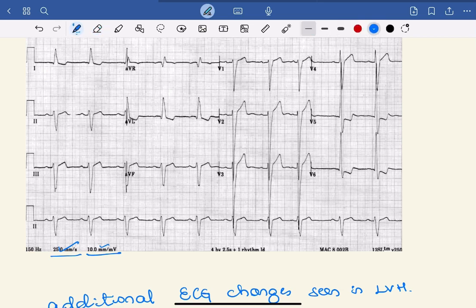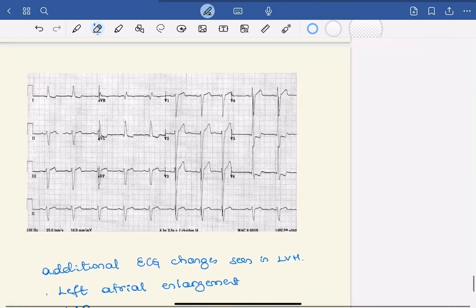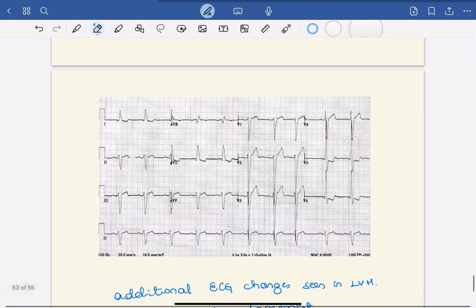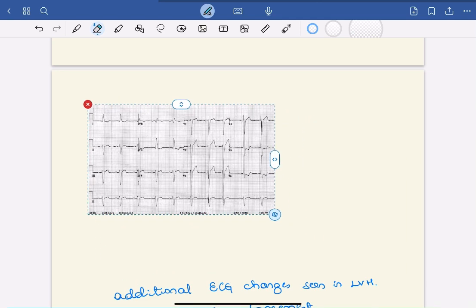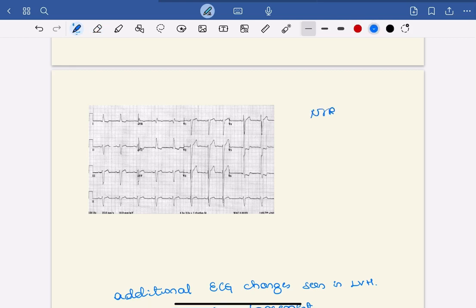There is a regular RR interval, that is 1, 2, 3, 4, 4.5 boxes. 4.5 boxes means the heart rate here is around 65 to 70. So this is normal sinus rhythm with a normal rate of around, let's consider it as 65.